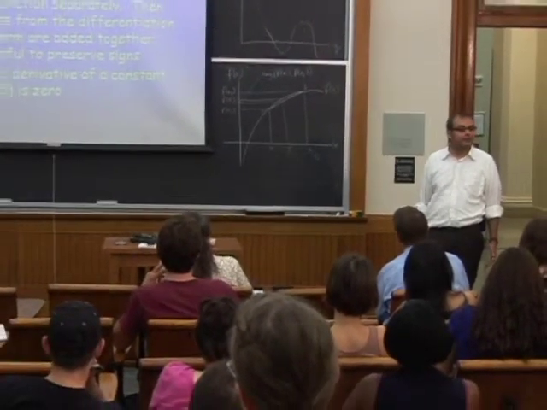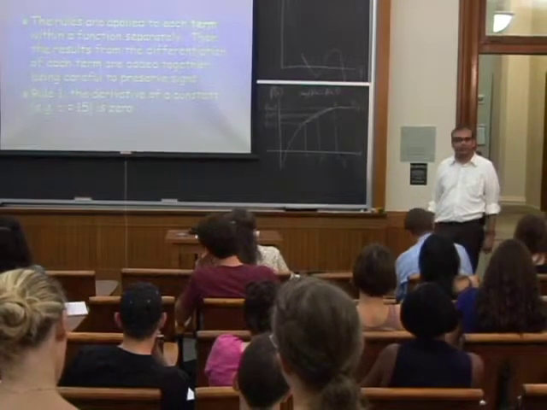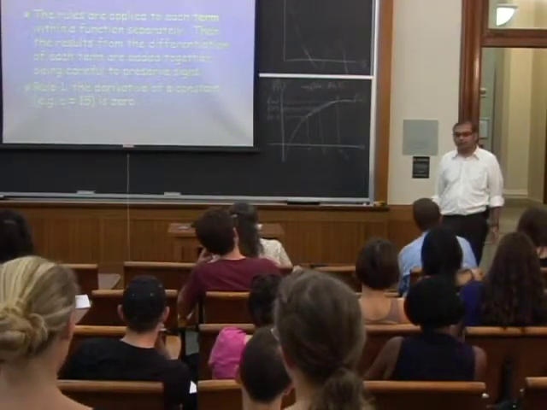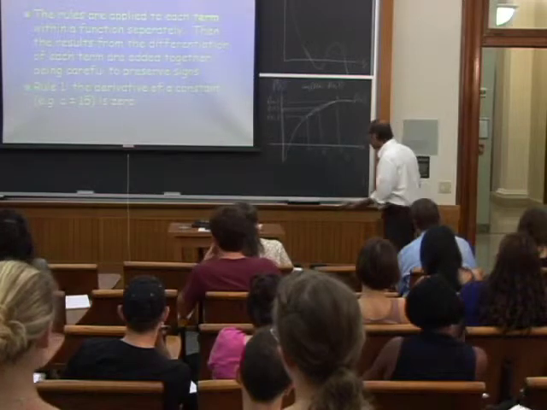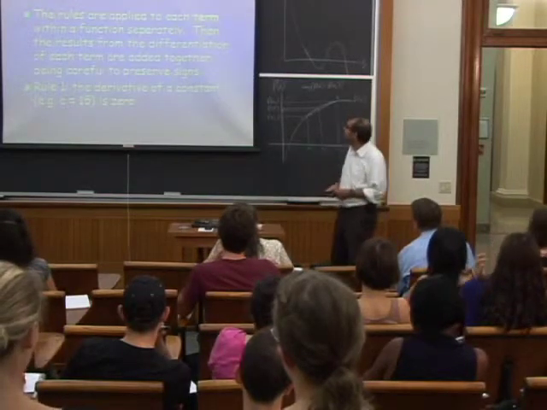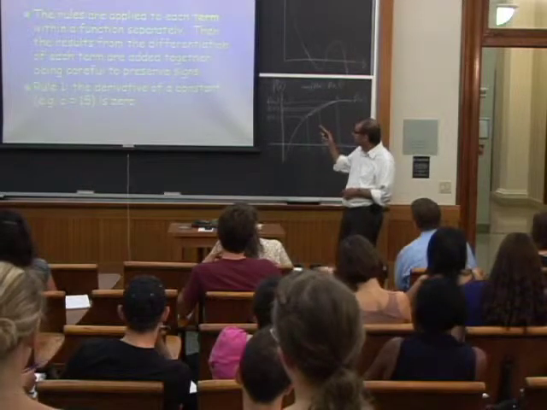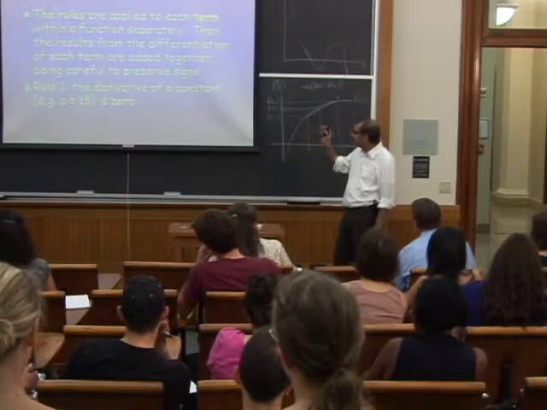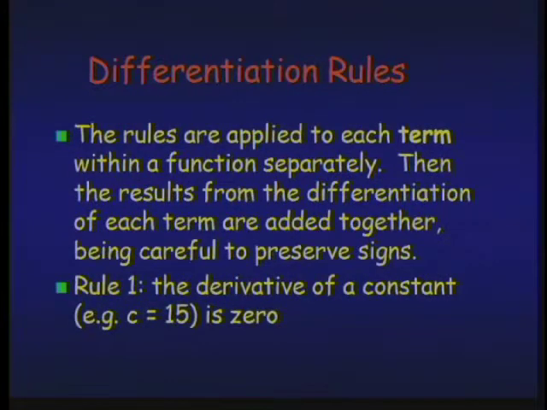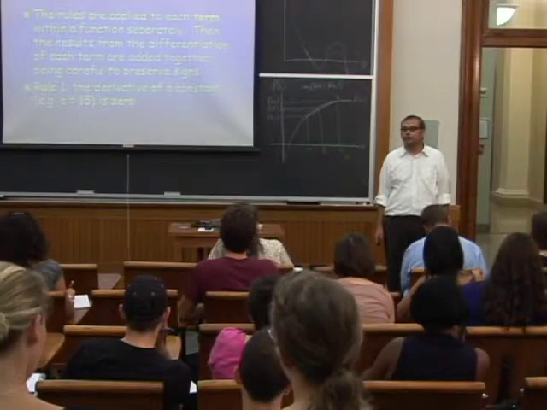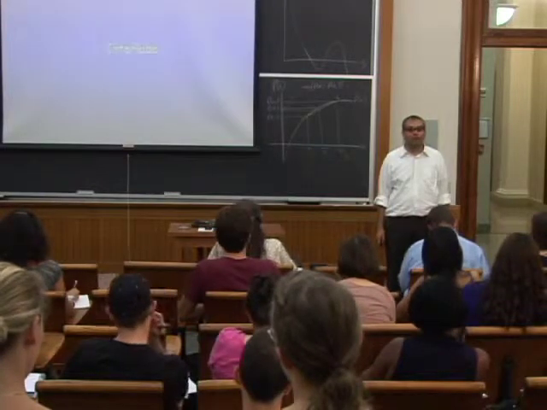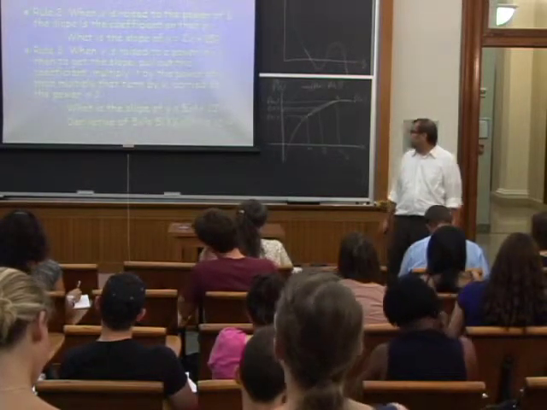You could take a derivative of each function and add them together, and you'd get the derivative of the original function. The first rule is you can take a derivative of each term at a time, and the derivative of a constant you already know is 0. The slope of a constant is 0. A constant function is a horizontal line. It has 0 slope. Okay.